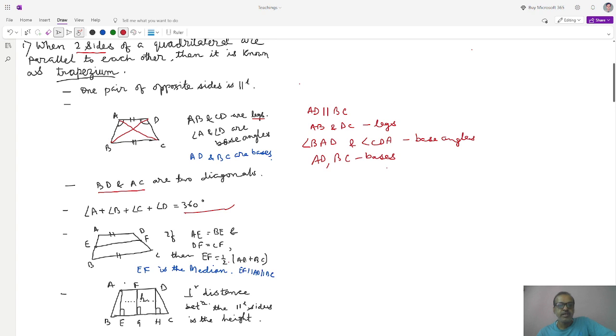AD and BC are the parallel sides of this trapezium, and EF is the median of this trapezium ABCD, and EF is parallel to AD and parallel to BC. How do we get this relation?